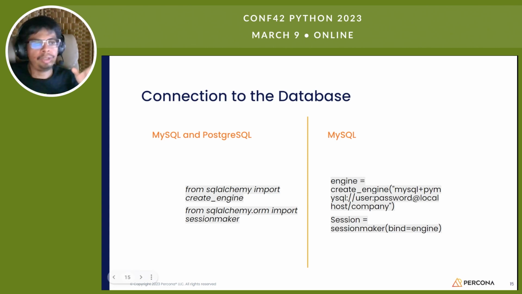What we do here is first import the create engine and session maker methods. The first one is for establishing the connection to the database, and then we create a session that is bound to the connection we're establishing to our database.